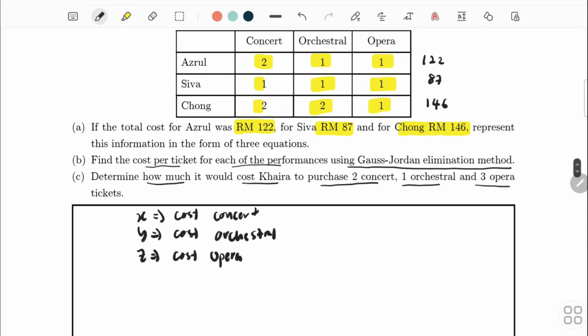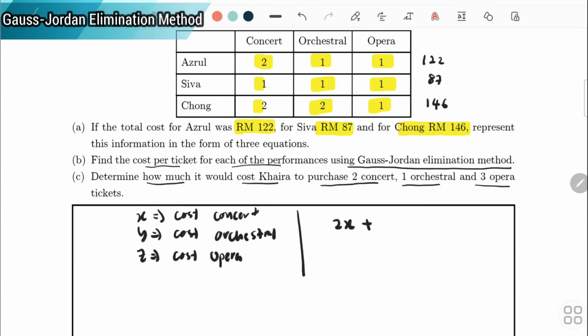Okay, to form the 3 equations: Azro bought 2 concert tickets, so we have 2x plus 1 orchestra ticket, so plus y, plus 1 opera ticket, so plus z is equal to 122. That is for Azro.